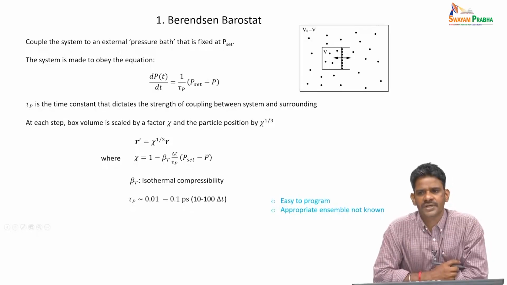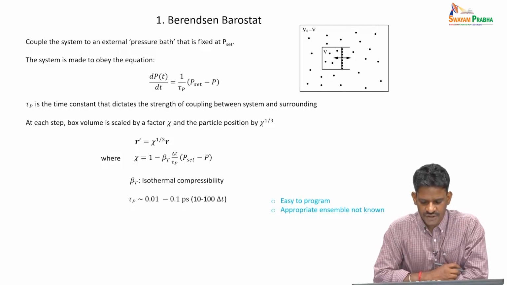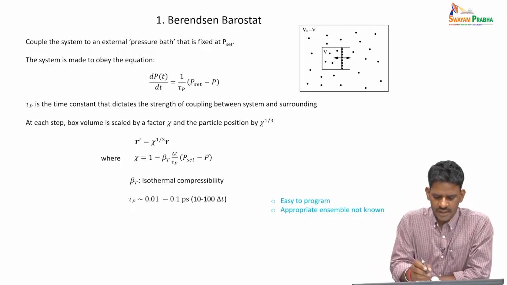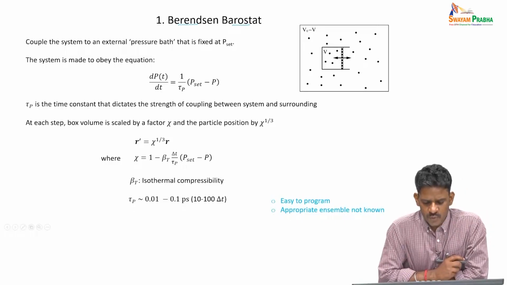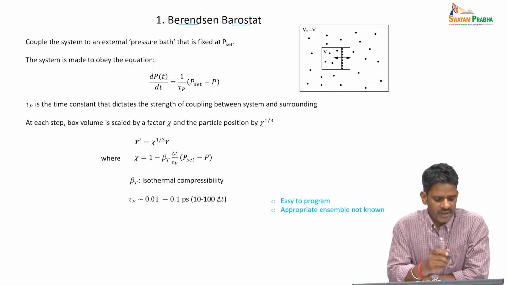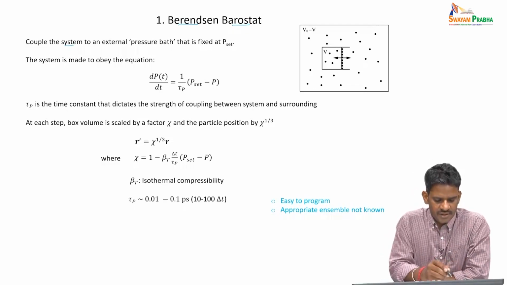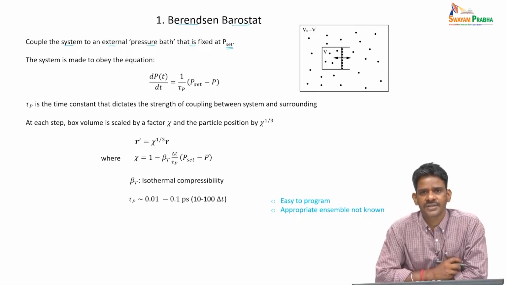The easiest way to fix the pressure in the MD simulation is the Berendsen barostat. It works in a very similar way as the Berendsen thermostat, where we couple the system to an external pressure bath which is kept at some pressure P set.